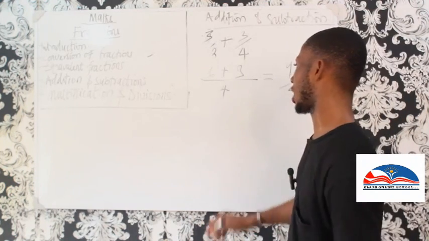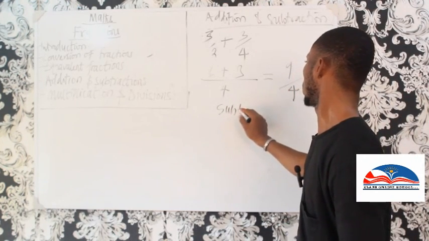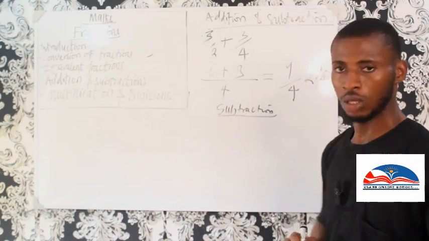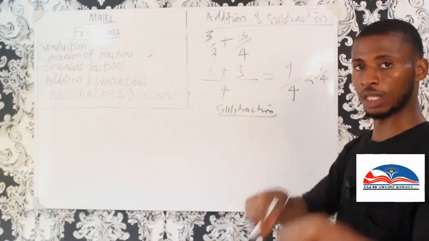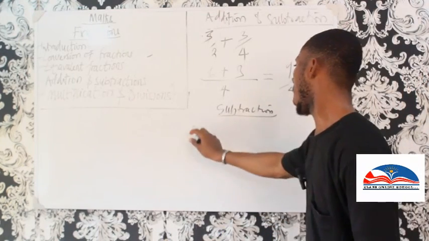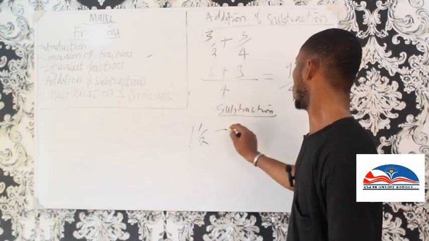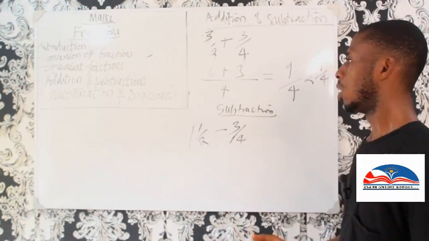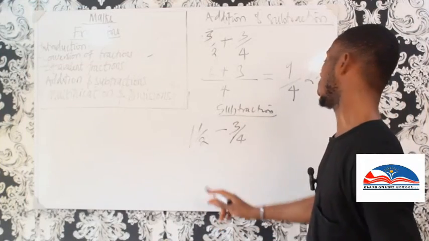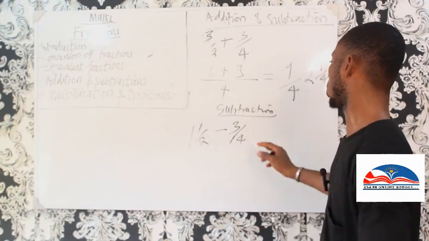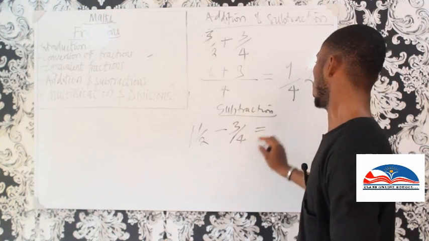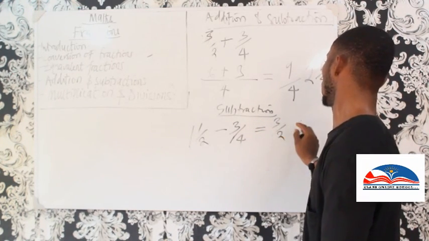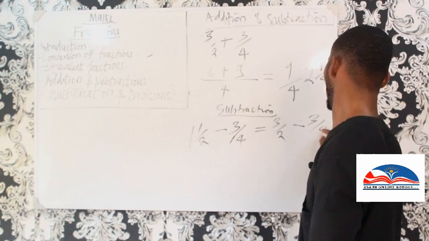Let us go to subtraction. In this place, I will use the mixed fraction. Now I have 1 over 2 minus 3 all over 4. First thing first, before we do anything, we have to convert these to a single fraction, which will give us 2 times 1, 2 plus 1, 3 over 2 minus 3 over 4.